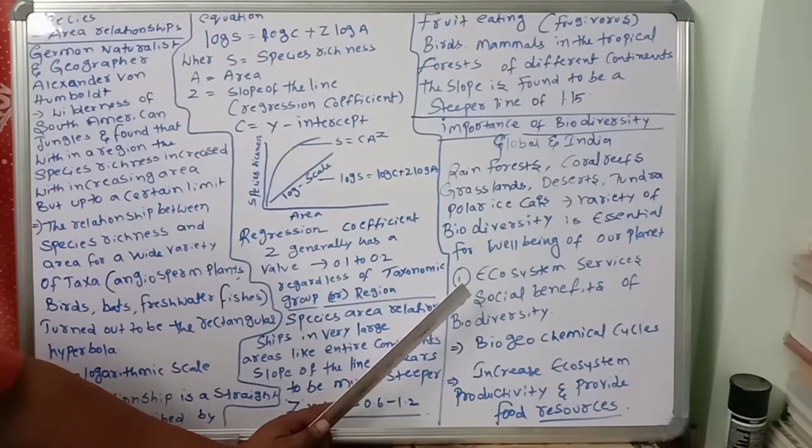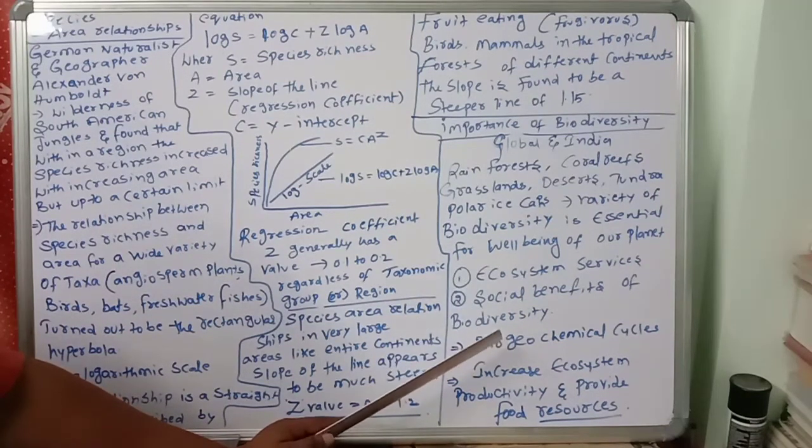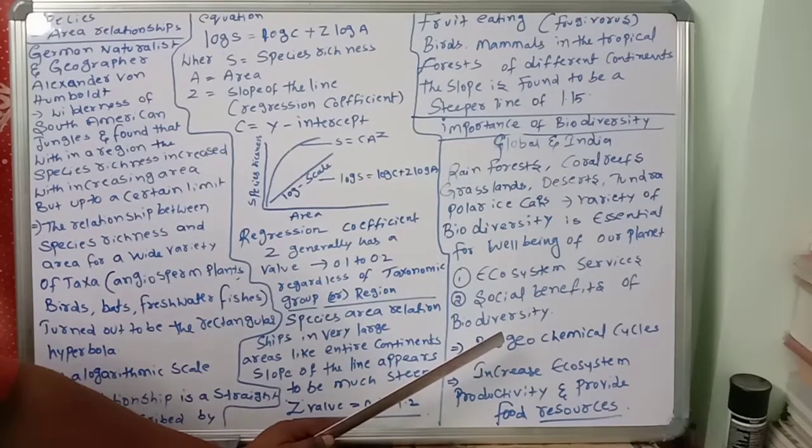For example, the organization and functioning of an ecosystem are affected by and dependent on biodiversity and its richness. See, an ecosystem mainly depends upon which one? The richness of biodiversity.